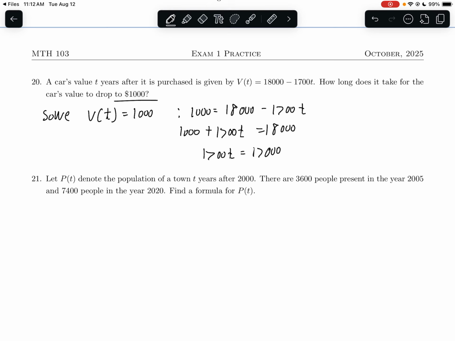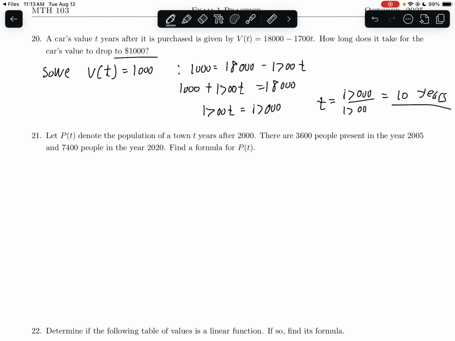And then I would divide by 1,700 on both sides. So I would get t equals 17,000, watch the zeros, over 1,700, and that is 10 years. So it takes 10 years for the car's value to reach $1,000.